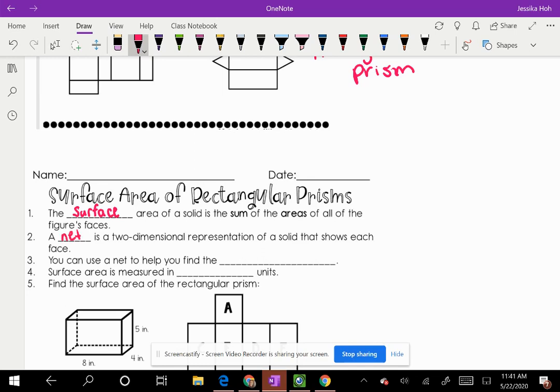A net is a two-dimensional representation of a solid that shows each face. You can use a net to help you find the surface area. And surface area is measured in squared units.